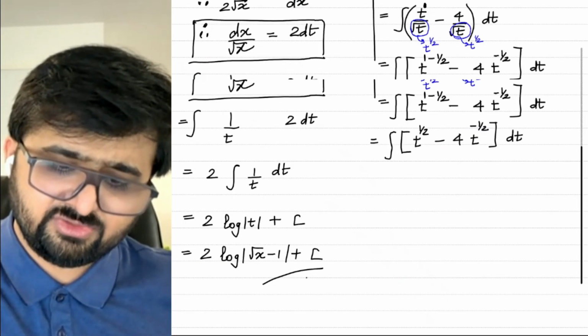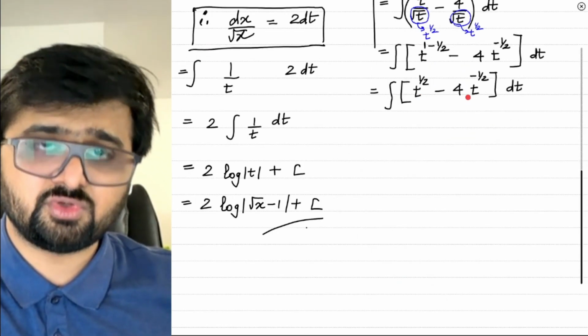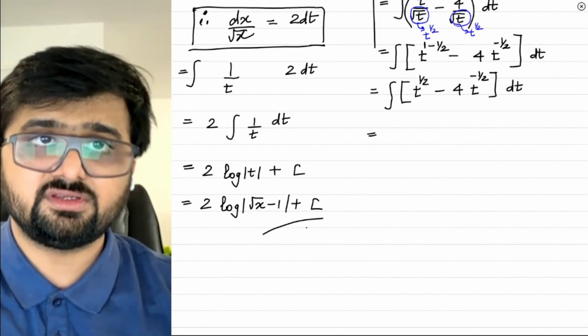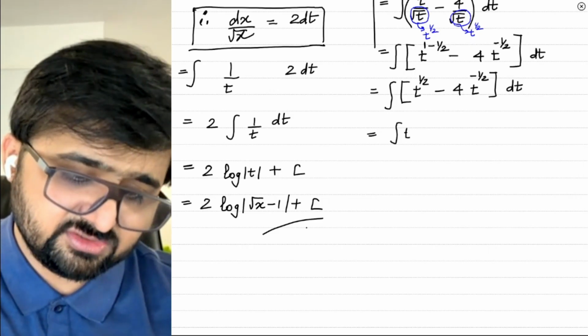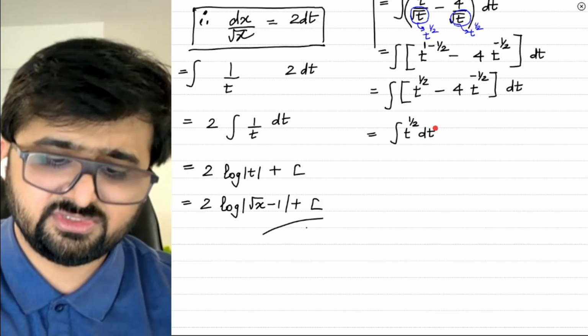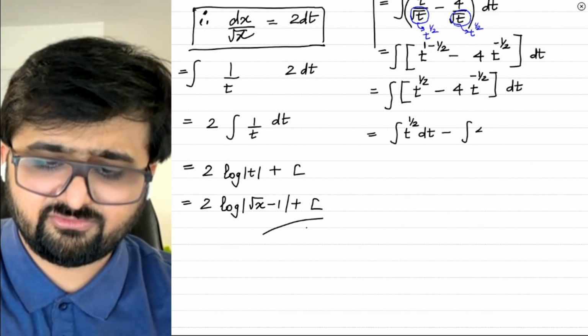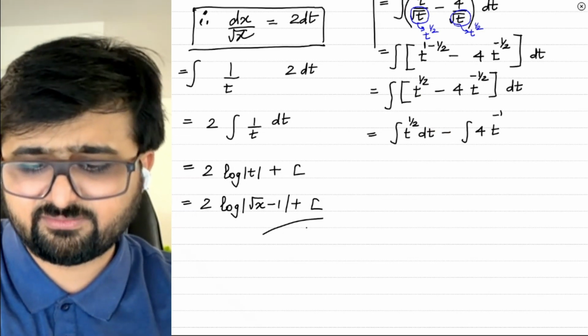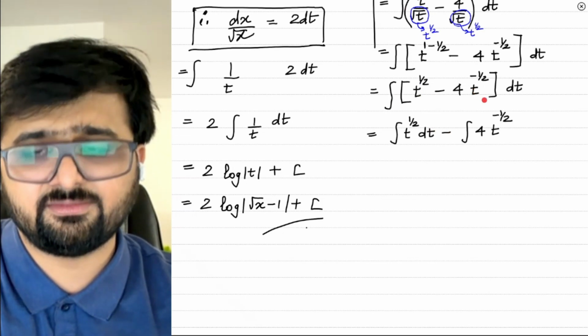Now very simple to integrate. Just give the integral to both the terms. So you have integral of t to the power half dt, the integral of the first term, minus integral of 4 t to the power minus half dt, the integral of the second term.